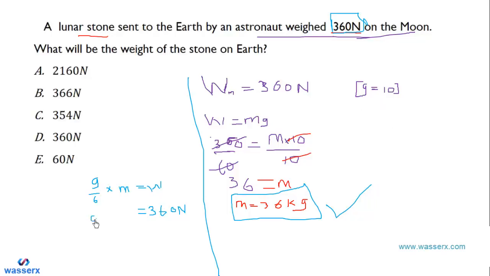So gravity due to acceleration times mass will be equal to 360 Newton times 6. 6 times 360 will give us 2160 newtons.